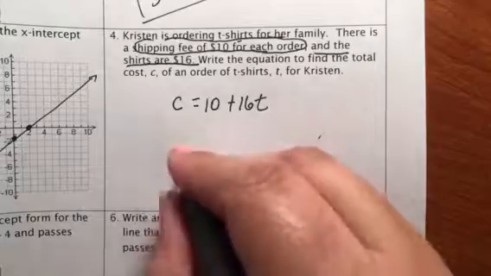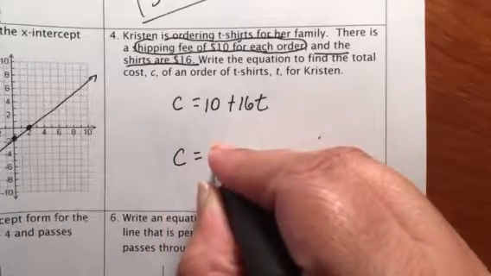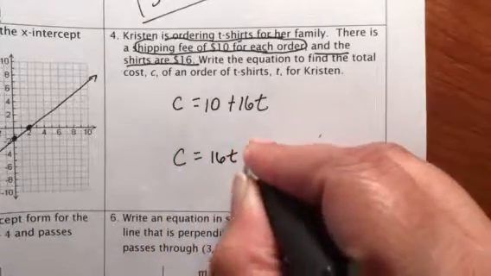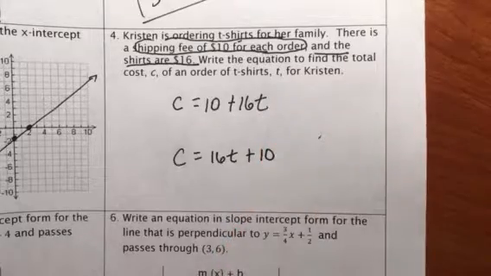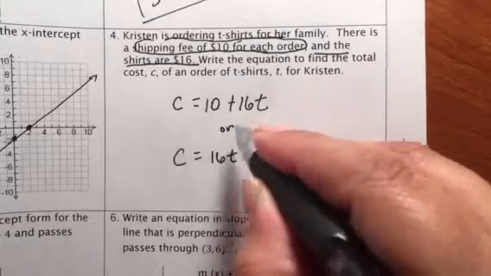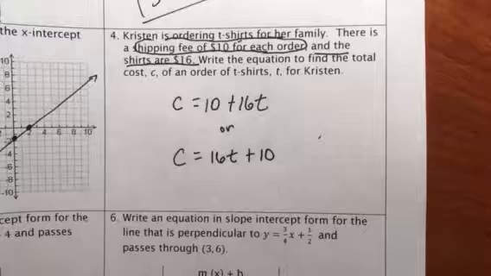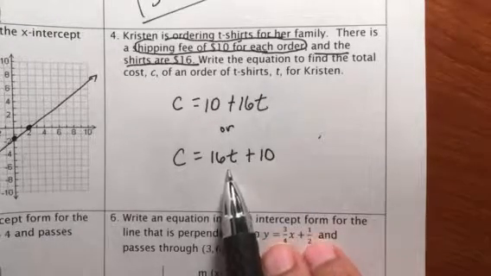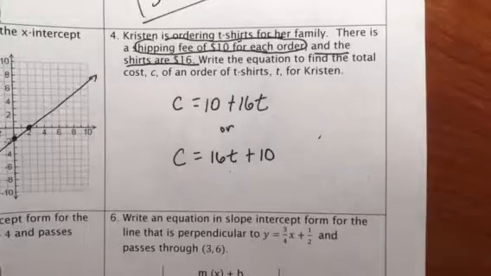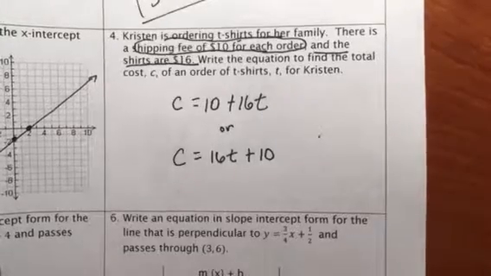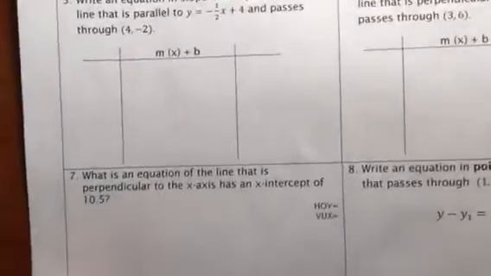So it may have it rewritten to where the T is first. So it could be one or the other. It's the same exact problem, just written different. And you may want to write your T's like this so that you don't think they're plus signs. Okay, number 5.